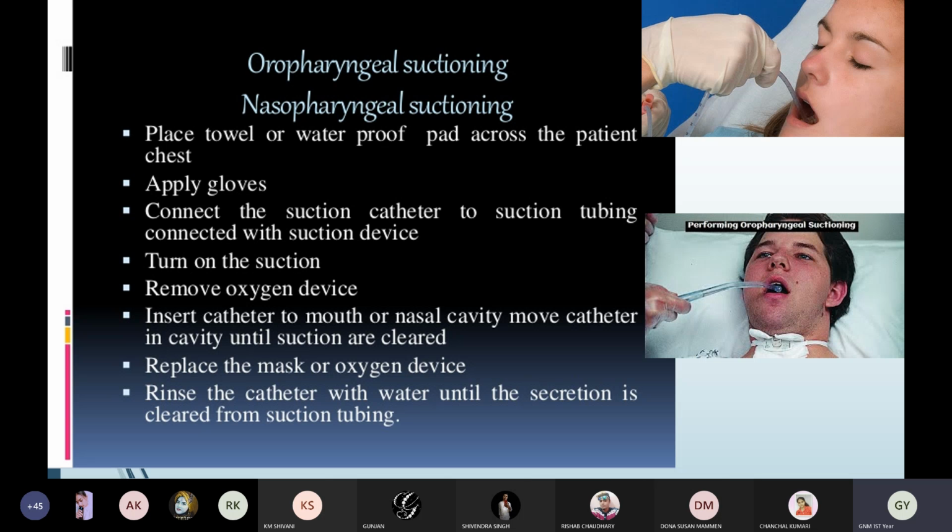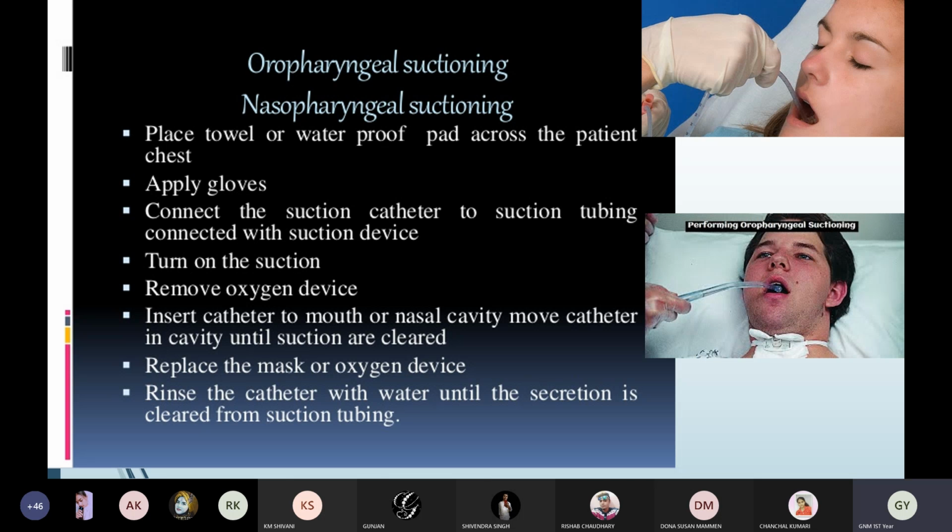Then, after doing the suctioning, replace the mask of the oxygen device. If they are using an oxygen mask or a nasal cannula, like I've taught you in the previous class, there are various types of giving oxygen to the patient. One is the oxygen mask, which is very useful. Two is the nasal cannula, which we put into the nose.